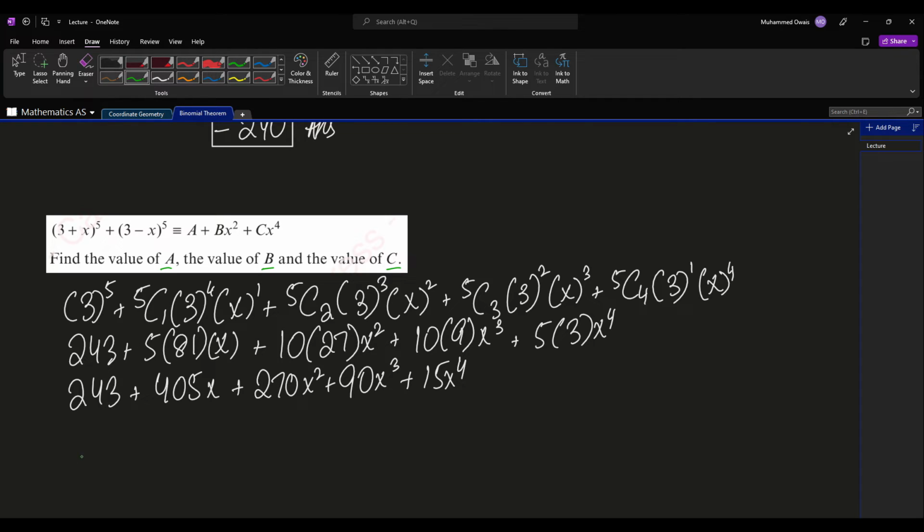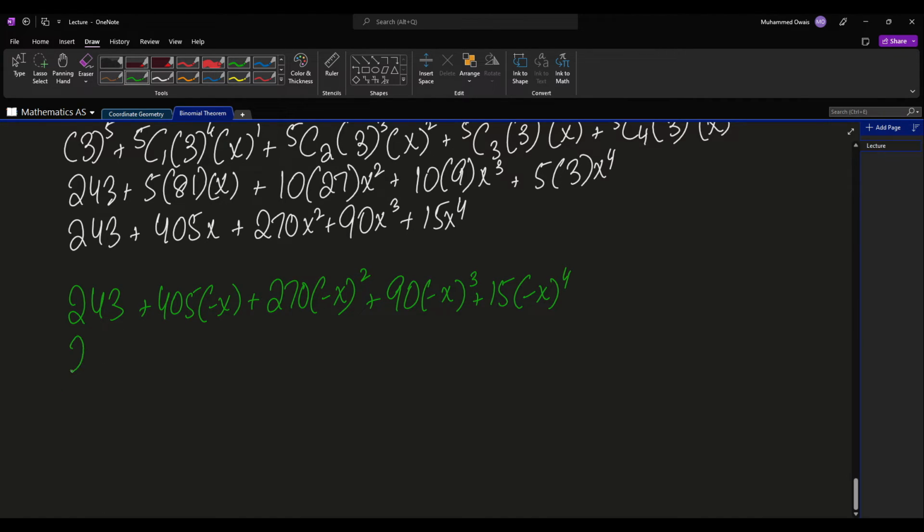So I can just write 243 plus 405 into negative x plus 270 into negative x squared plus 90 minus x cube plus 15 minus x power 4.